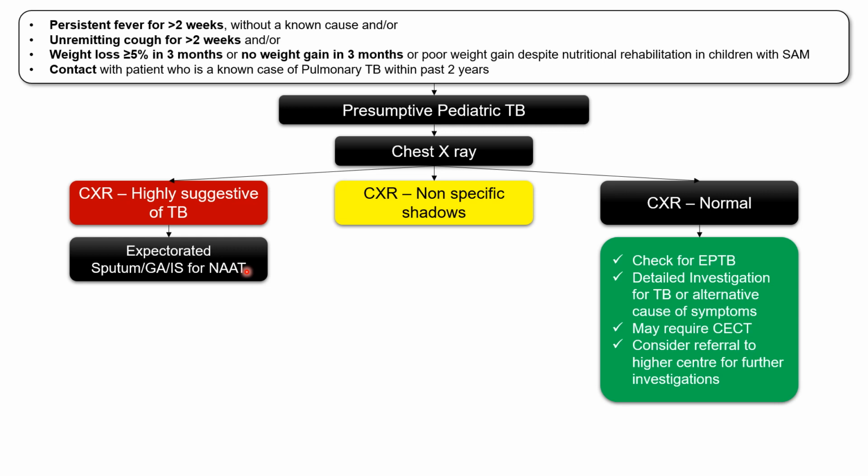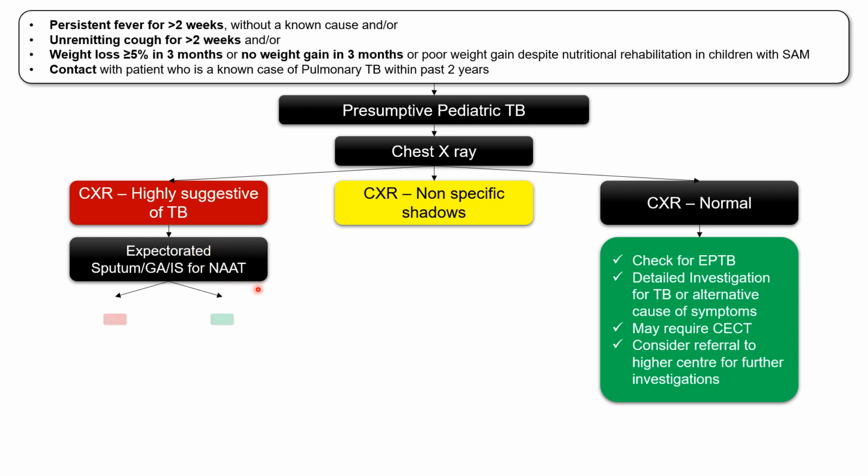But if we cannot get expectorated sputum or induced sputum also, we have to send gastric aspirate, assuming that some amount of sputum is repeatedly getting aspirated inside the GIT, and we hope for the presence of Mycobacterium tuberculosis in that sample. So that can be called a surrogate sample. So we have to send either expectorated sputum, induced sputum, or a gastric aspirate for nucleic acid amplification test.